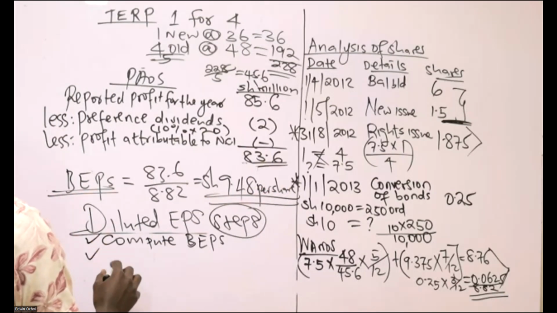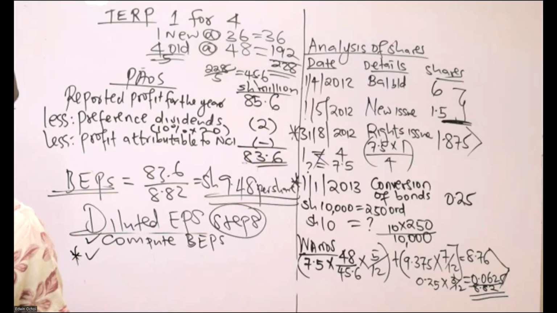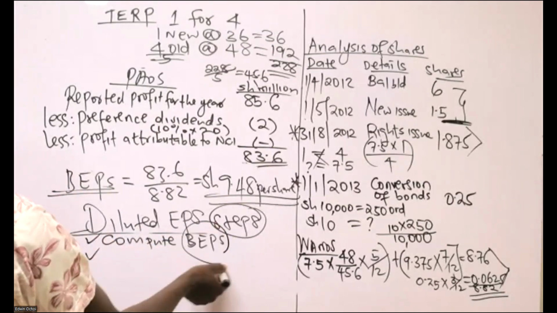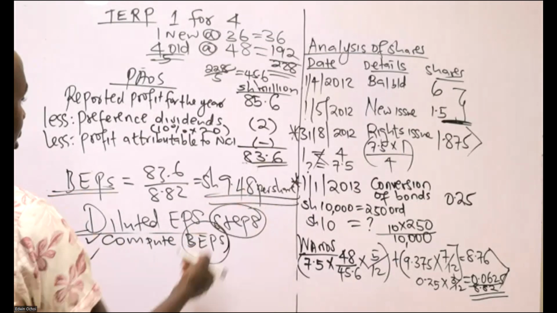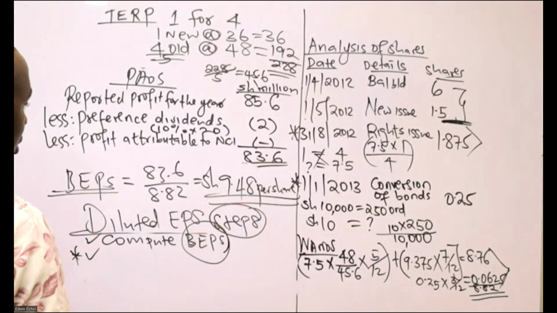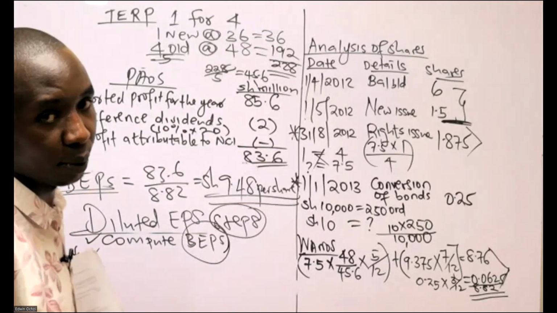Then step 2 is all about determining the order of ranking the securities. That is where I will start from. I will have to rank the securities from the one which has the least effect in the dilution of this basic EPS. So when computing the order of ranking, which securities am I going to use?